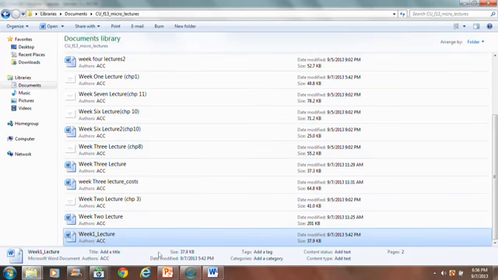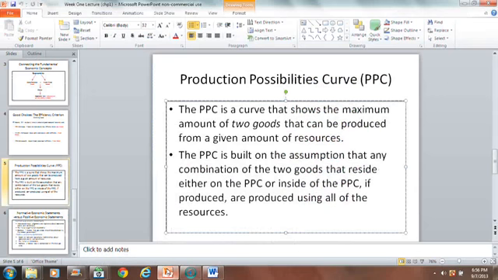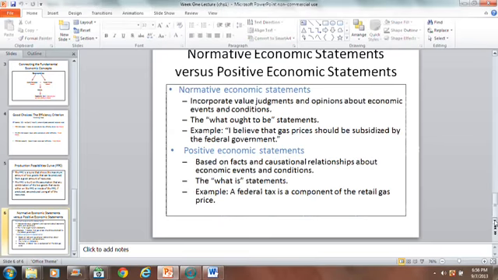The last issue we need to look at in Chapter 1, this basic chapter, is the distinction between what are called normative economic statements versus positive economic statements. Normative economic statements, as I've indicated here, incorporate value judgments and opinions.